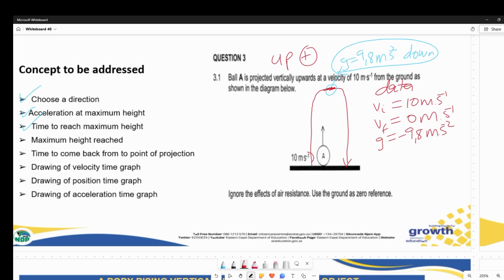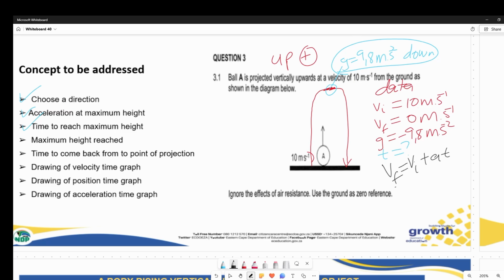Now we know three things, which is sufficient for us to choose the equation of motion suitable for the information we have. What do we want here? We want the time. So we choose the equation V final equals V initial plus a t.